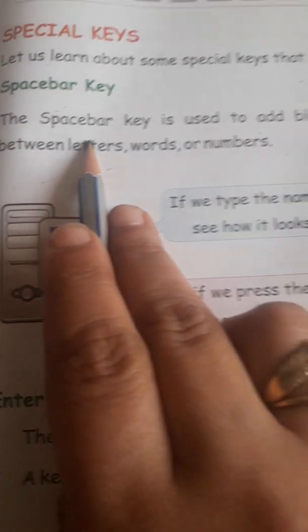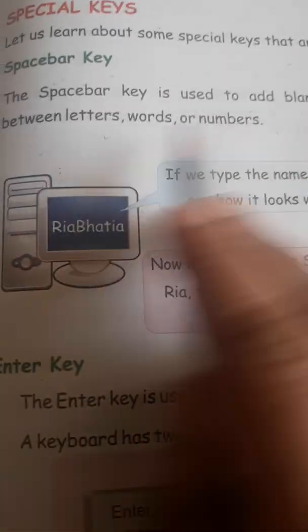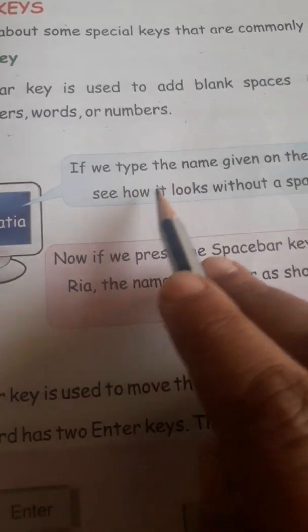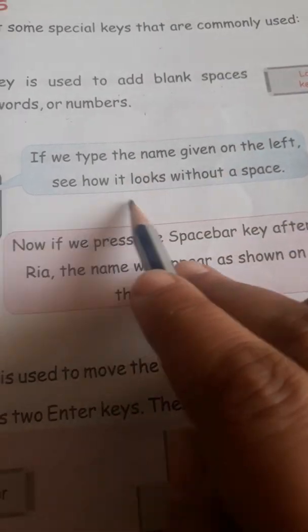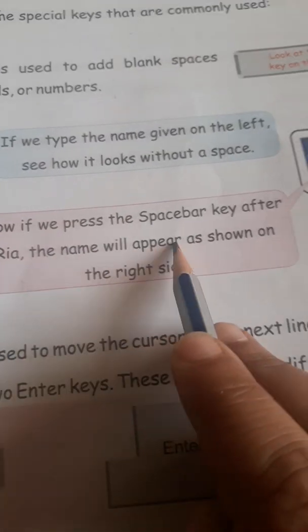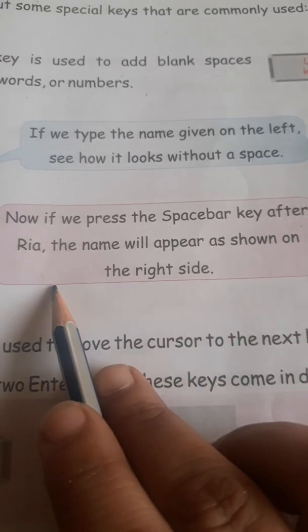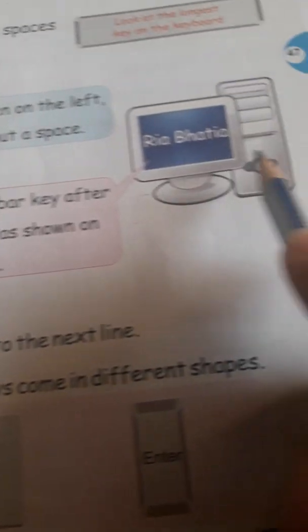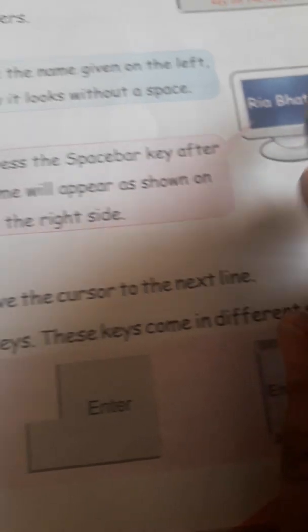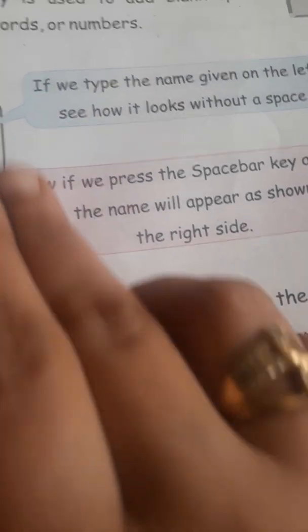Okay, so we use space bar key to add blank space between letters, words, or numbers. If we type the name given on the left, see how it looks without a space, like this, there is no space. Now, if we press the space bar key after Ria, the name will appear like this. So this is the right way. So we need to add the space, which we do with the help of space bar key.